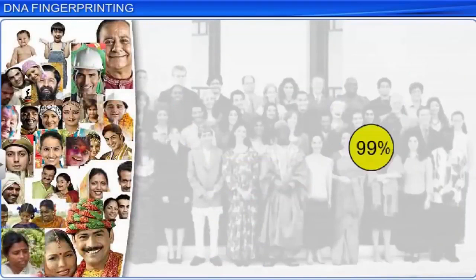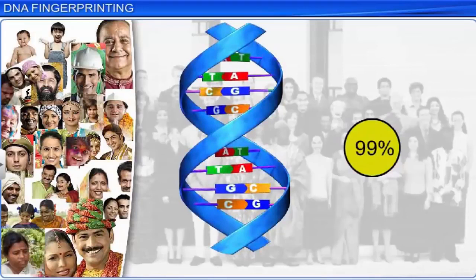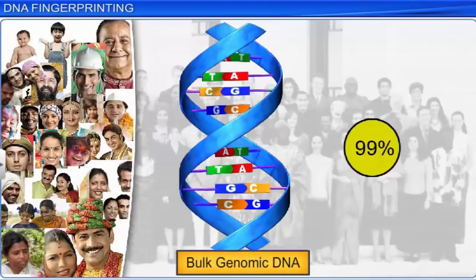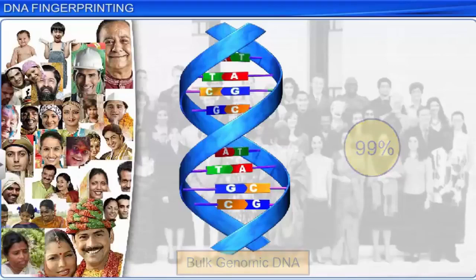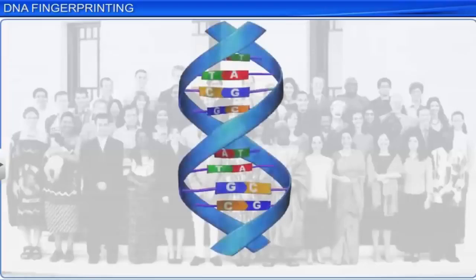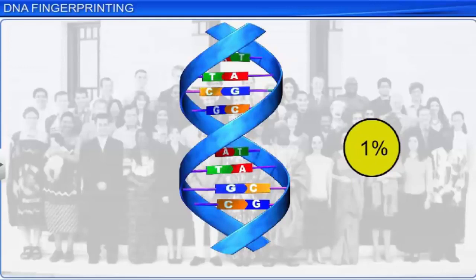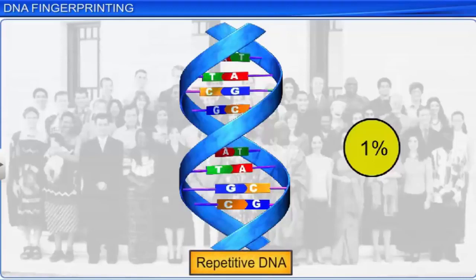In human beings, 99% of DNA base sequences are identical and are known as the bulk genomic DNA. The remaining 1% DNA base sequences differ and are present as a small stretch of repeated sequences known as repetitive DNA.